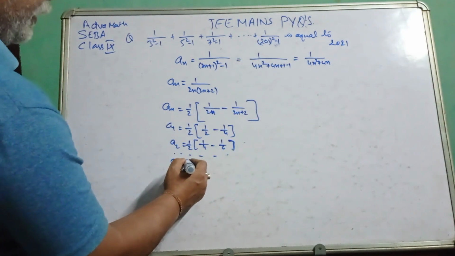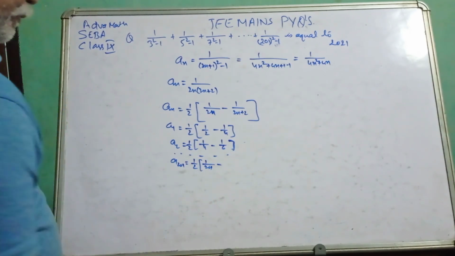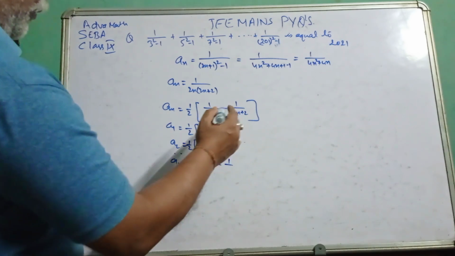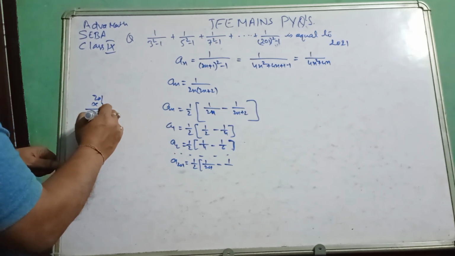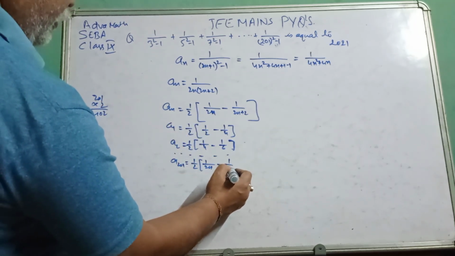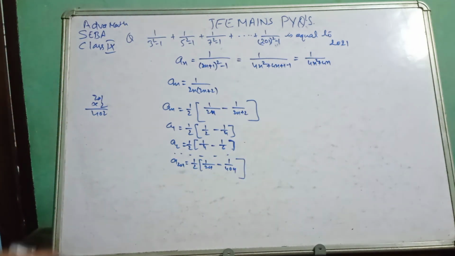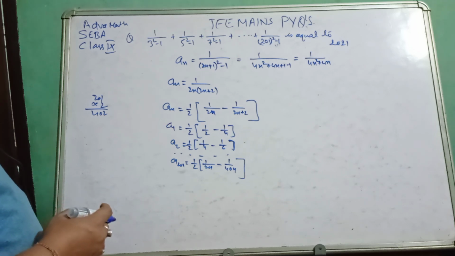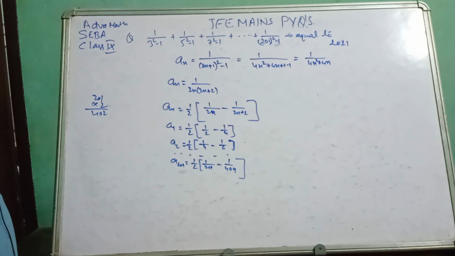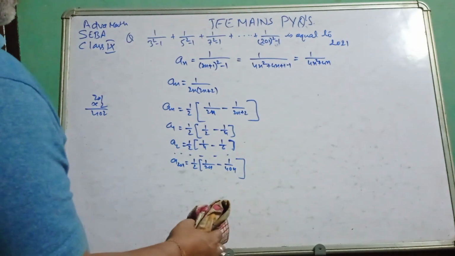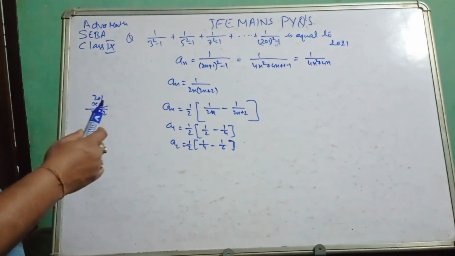So it will go on like this, not a200. You have to get 201.